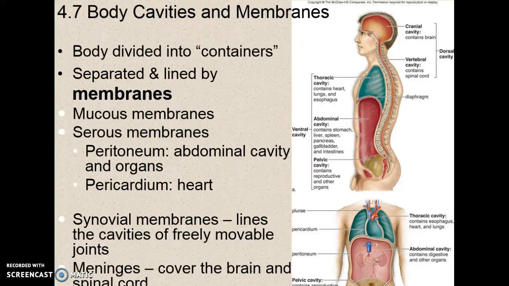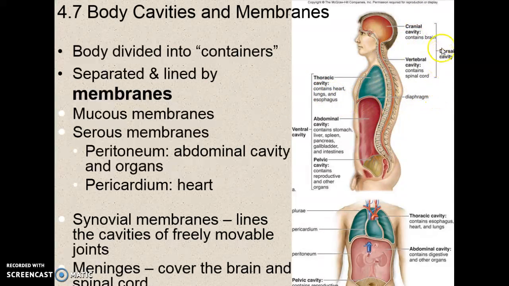This might be a different idea that you haven't thought much about, but within the body there are cavities, and the different cavities are covered by membranes. The cranial cavity contains the brain.